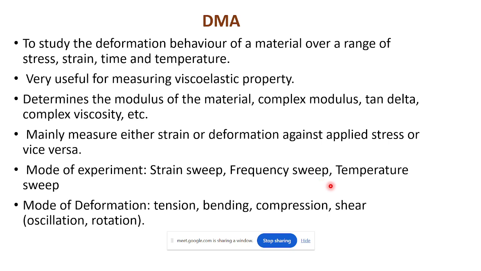Now, time temperature, why is it important? In polymer physics, the time temperature superposition is very important. For the same material, if you are performing this DMA test at a particular time and the temperature is fixed, sometimes you need to wait for a long time, but if you increase the temperature, you can do the same test in a very small time, and you will get the same result.